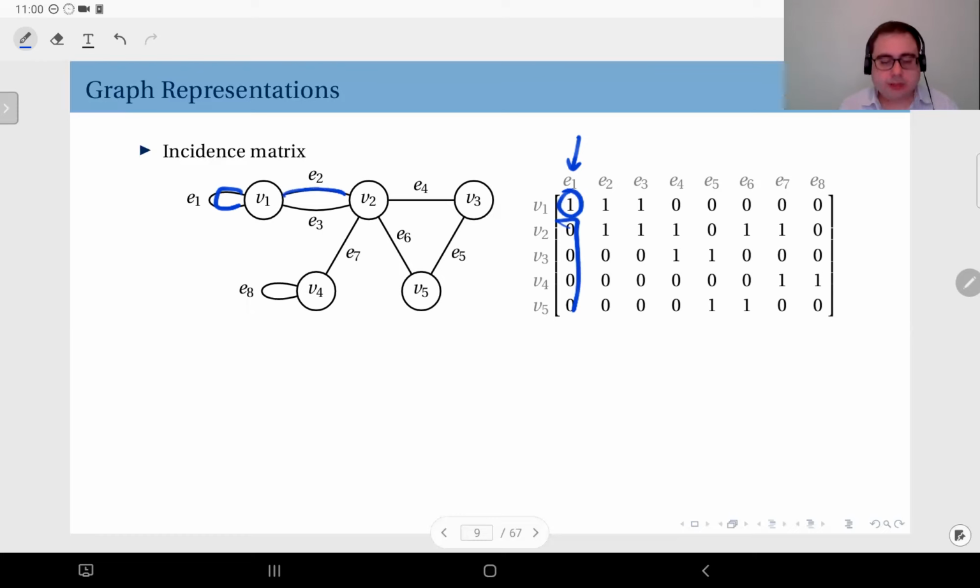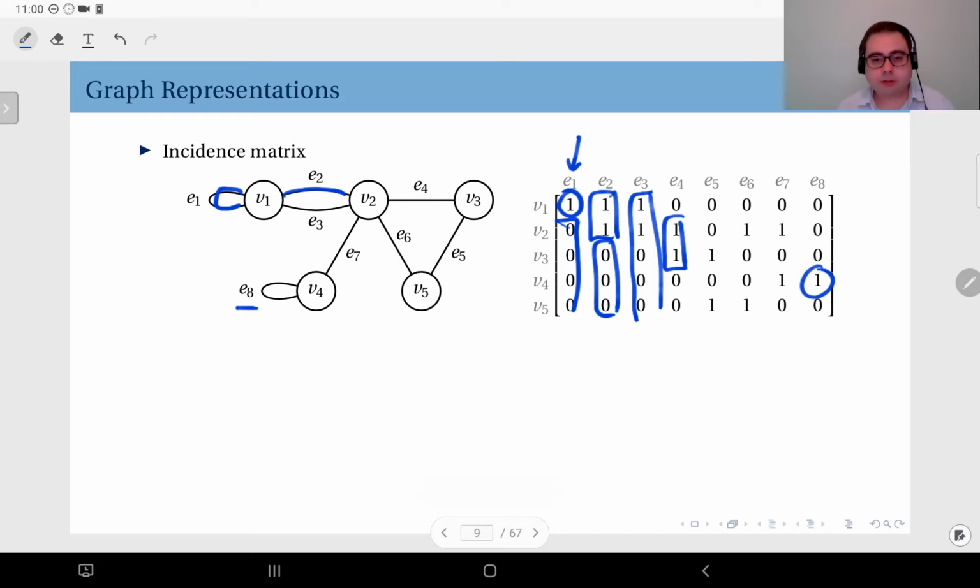With E2, the incident vertices are V1 and V2, so I have 1s here, and the rest is 0. E3 is between the same pair of nodes, therefore I have the same column here. E4 is between V2 and V3, so I have the 1s here, and so on. Similarly, E8 is a loop, so you just see a single one on that column.